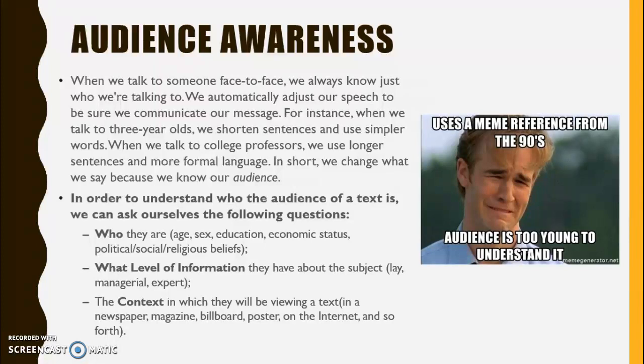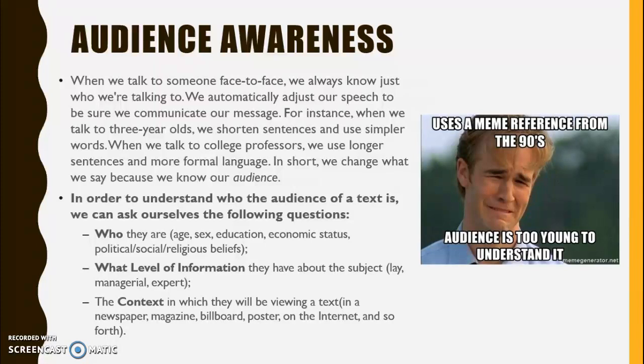And after we've identified who our audience is and what level of information they're looking for, we can look at the context in which the ad will be viewed. Did we find it in a newspaper or a magazine, perhaps a billboard or a poster, or somewhere on the internet? The context tells us a lot about who the audience is.